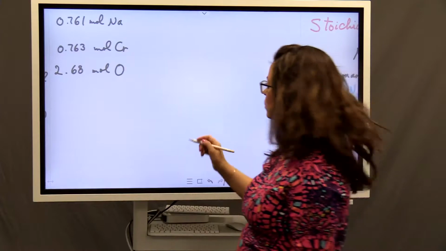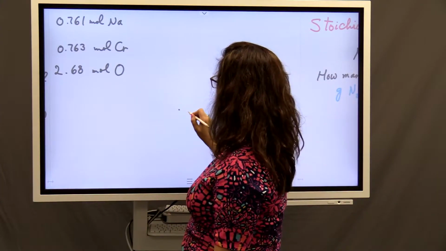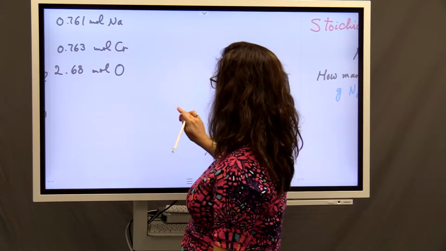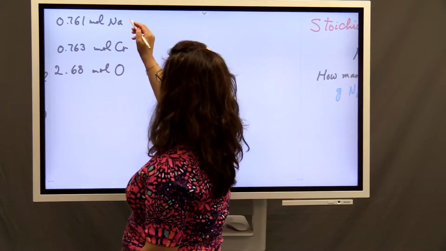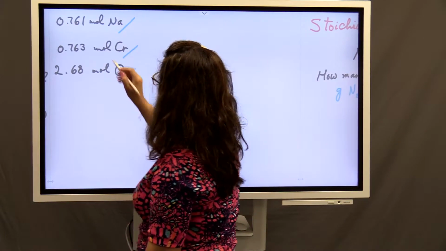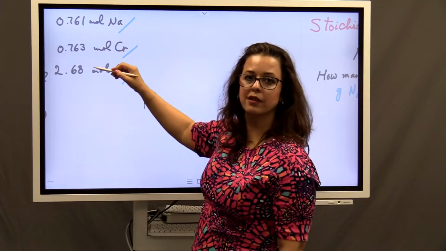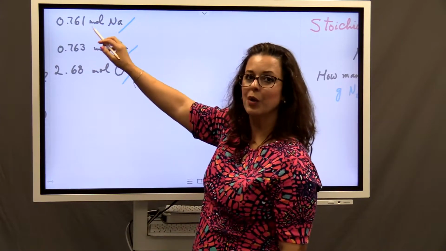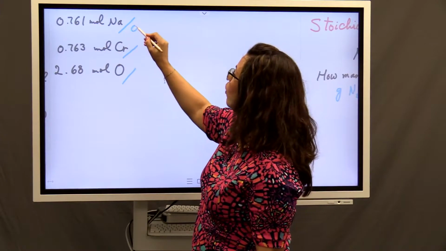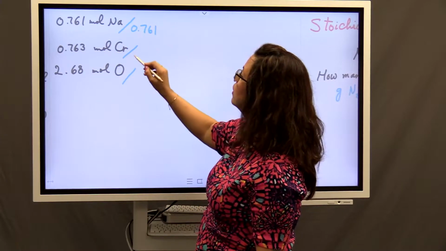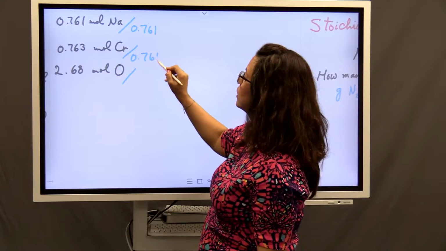What is the solution is to divide these numbers by the smallest of these numbers. So which one is the smallest here? The first one, right? 0.761. Divide all of them by this smallest number.